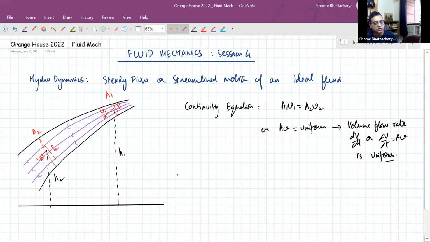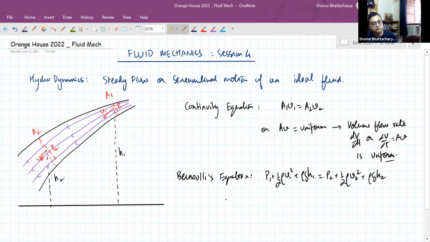And the second is Bernoulli's equation. So this is the point till which we had reached in the last lecture.